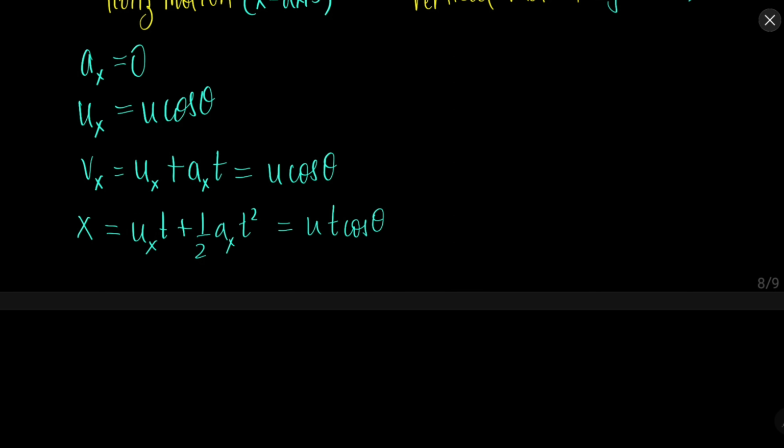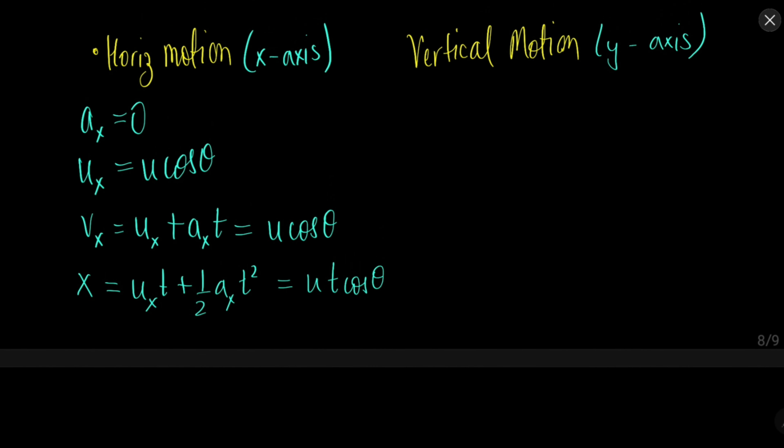Okay, ut cos theta. Similarly, for vertical motion, the acceleration is minus g, because downward is taken as negative and upward is taken as positive. So acceleration is always downward, acceleration due to gravity. Therefore, we are taking it negative.